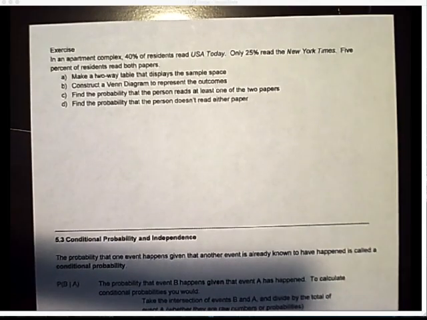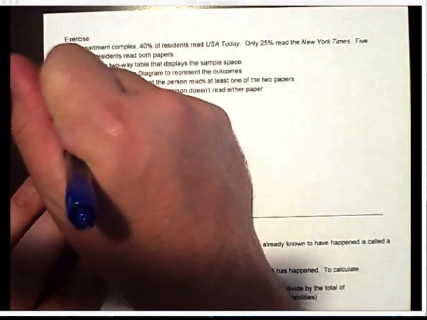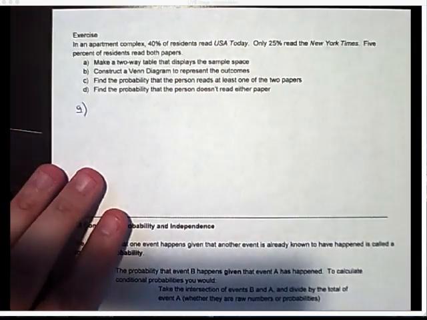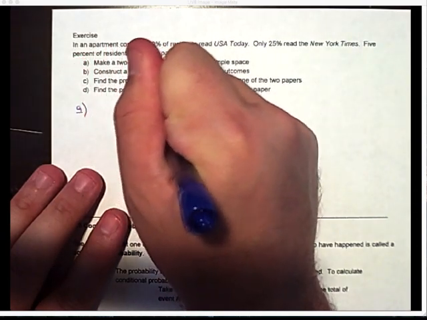All right, so let's look at the next one. Exercise. In an apartment complex, 40% of residents read USA Today. Only 25% read the New York Times. 5% of the residents read both papers. All right, so it says part A, make a two-way table that displays the sample space. All right. So up here on the top, we can say read USA Today.